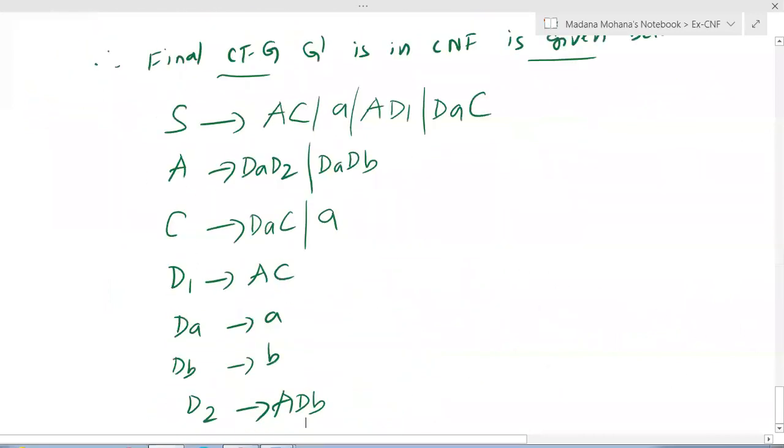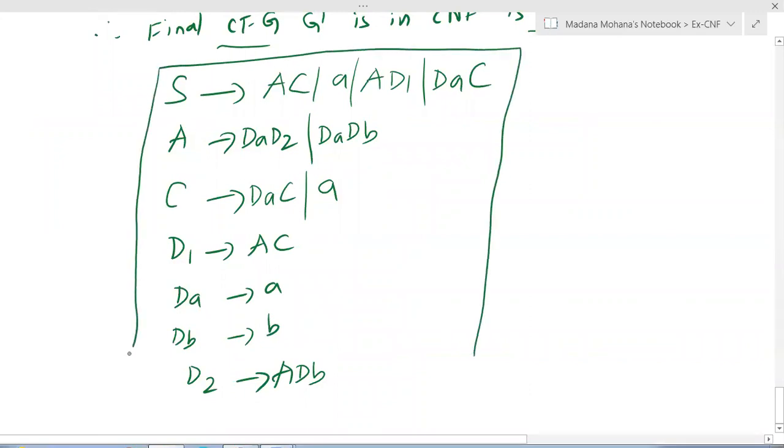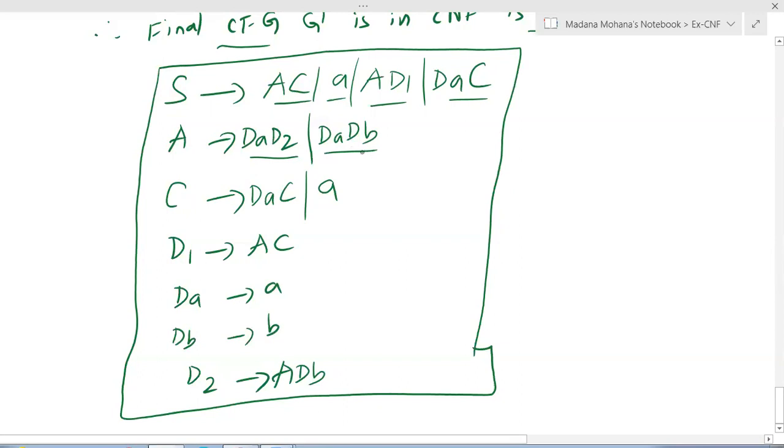Now finally you can check out the CNF condition, whether all are in the required form or not. Here you can see the first production, S production: two variables length, AC, single terminal. Then A productions, D suffix A D2, two variables length, D suffix A D suffix B, two variables length.